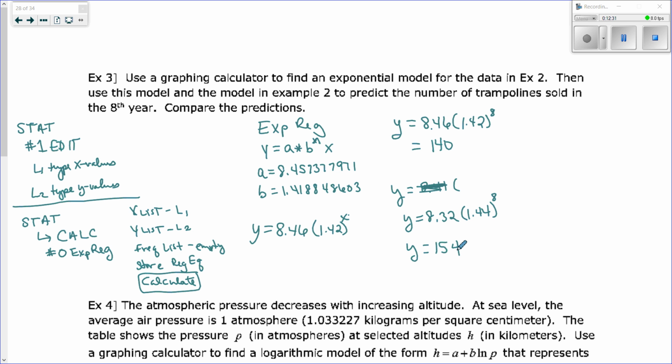So the regression model is usually a better predictor. It's a more accurate predictor. And that's why we use the regression model, because we get a more accurate picture.